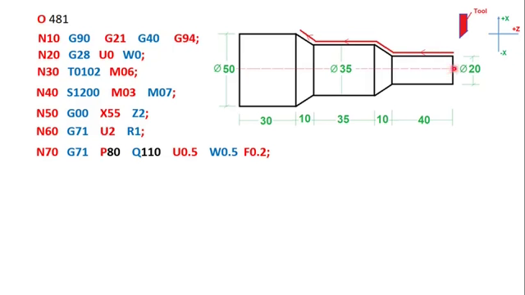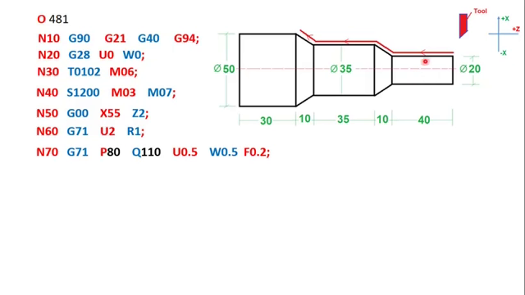So for example, I have kept 0.5 and 0.5, and suppose I have to do facing here also. Then this length, instead of being 40, in rough turning will be kept as 40.5, because you want to remove that 0.5 using the finishing operation.